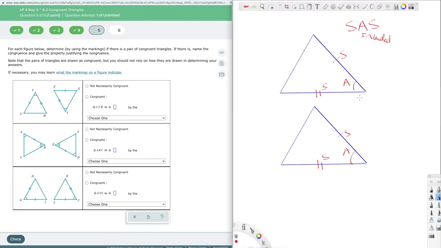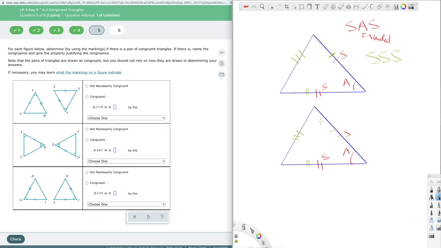The other piece we have, and I'll do this in different colors as we go, so I'll try green. We have side, side, side. So this sounds just like it hopefully sounds to you. I'm going to show that the sides are congruent. I know I'm doing a lot of tick marks here, so follow the colors as you go.